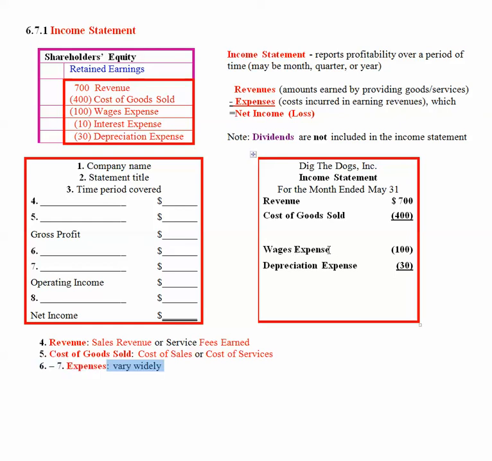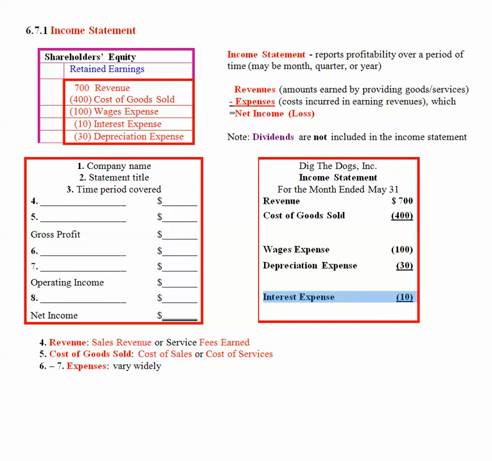In this case, wages for the people that have provided services, and the equipment that provided services. You could also have utilities expense, insurance expense, advertising expense. All of these are expenses that helped us to generate revenues and to operate our business.